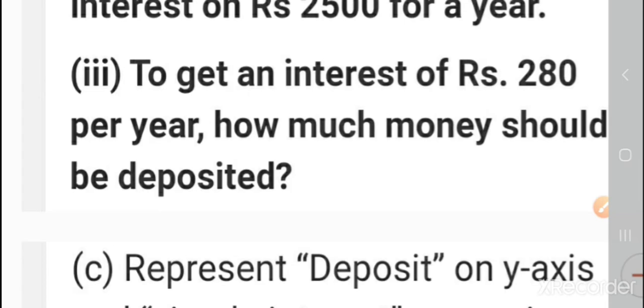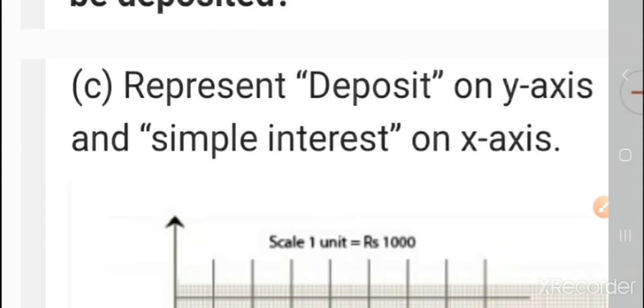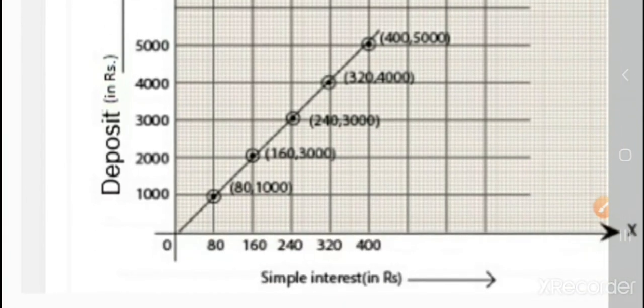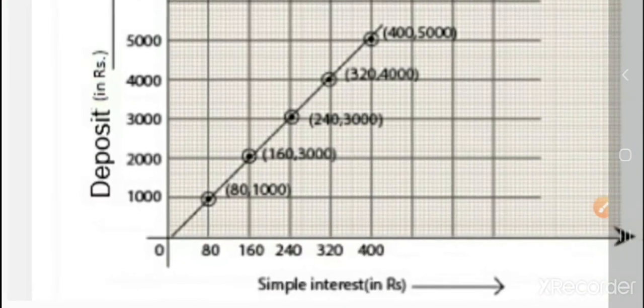To get an interest of rupees 280 per year, how much money should we deposit? How much should we deposit so that we get an interest of rupees 280? So let us see the graph.